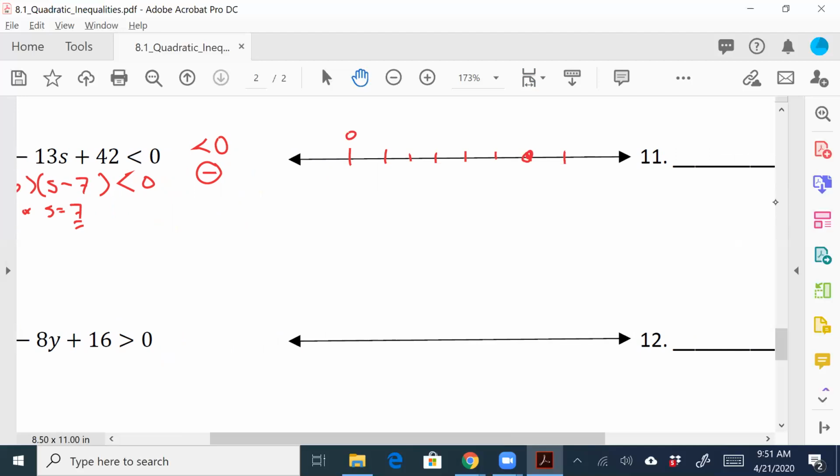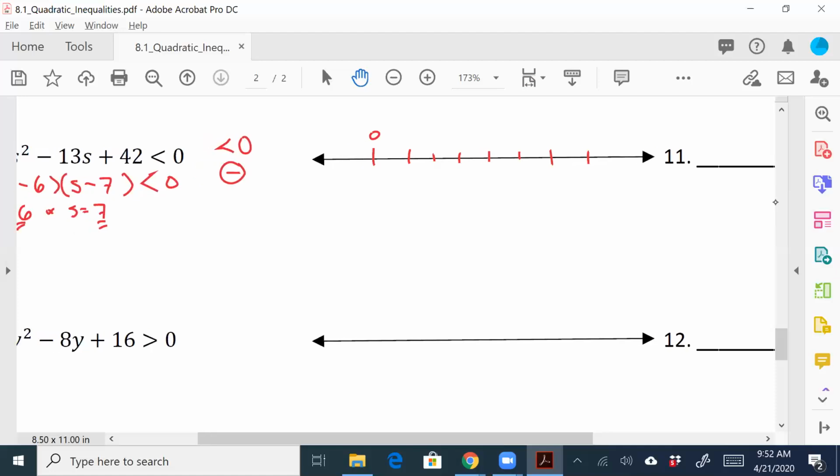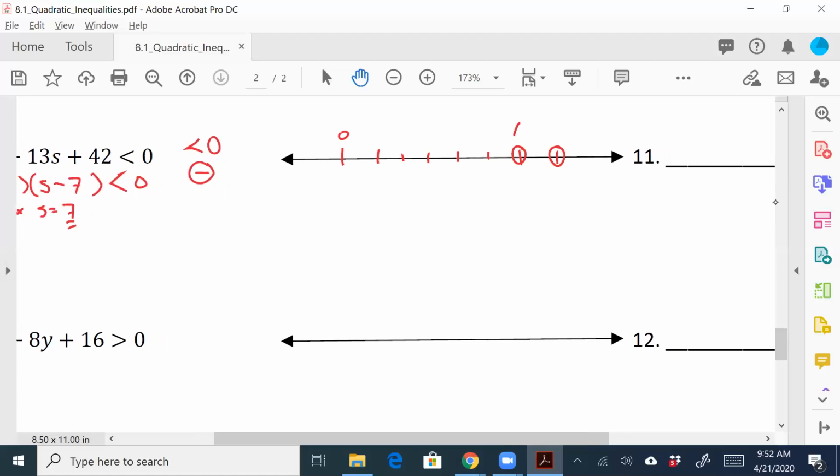Here, this is a little bit different because it's strictly less than, and so I can't be exactly equal to 6. For this, we're going to use an open dot, and an open dot at 7 as well.